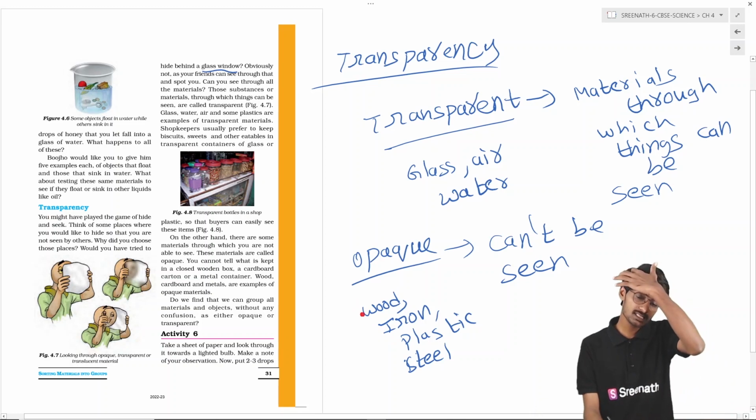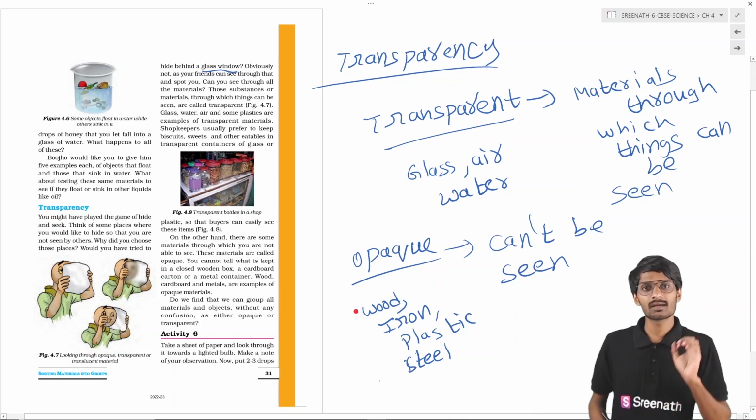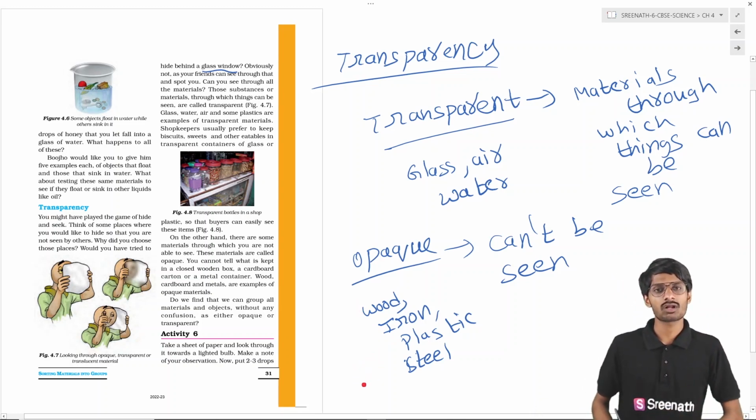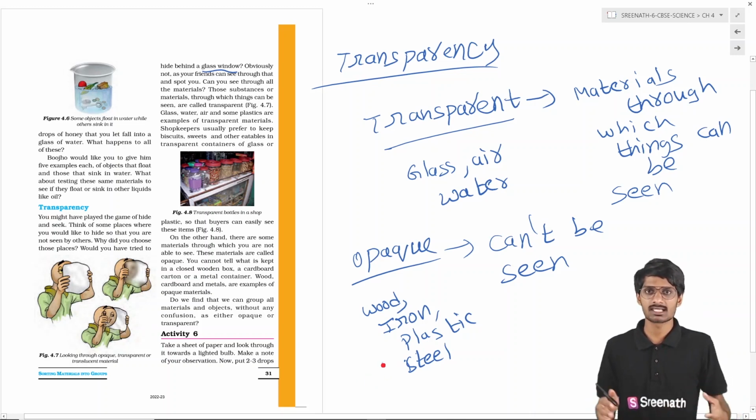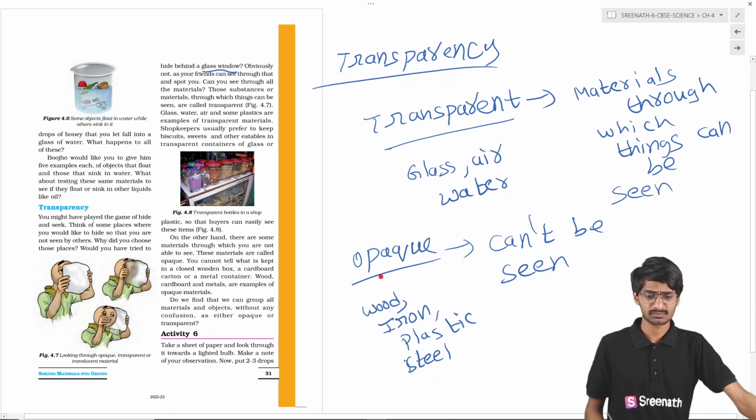If the shopkeeper placed the chocolates or any food items in steel boxes, can we see all those chocolates? We can't see. So we call those opaque. This is one type of property, students.